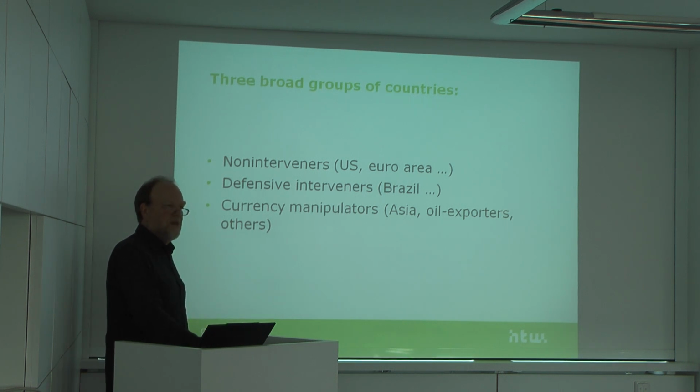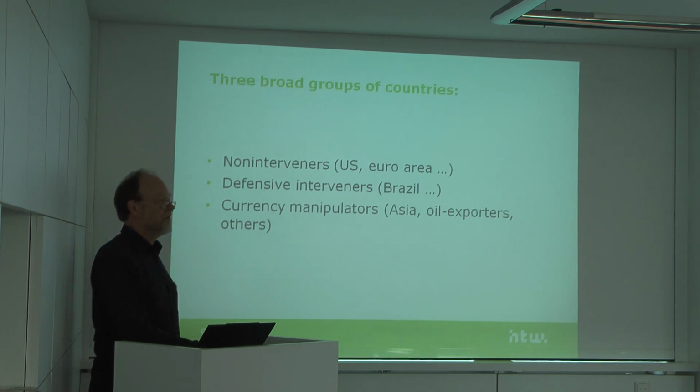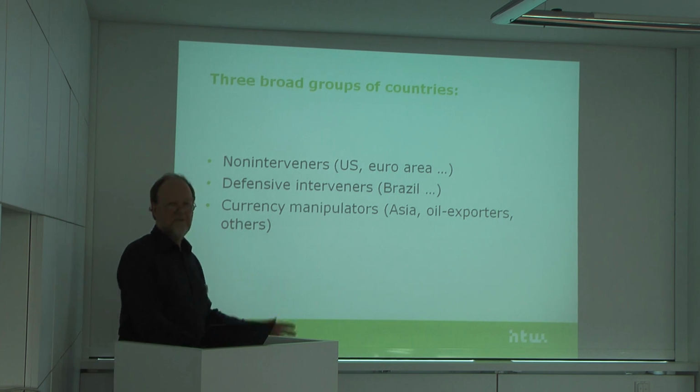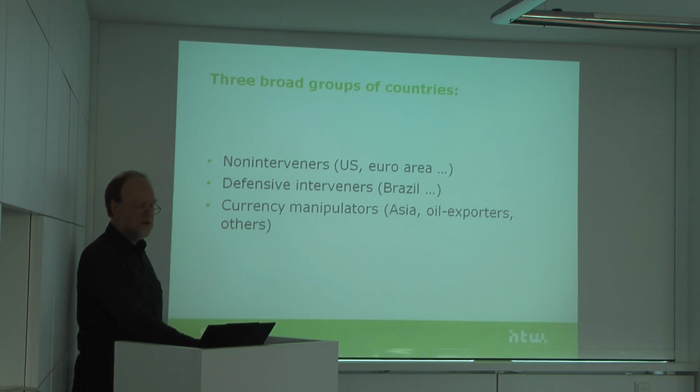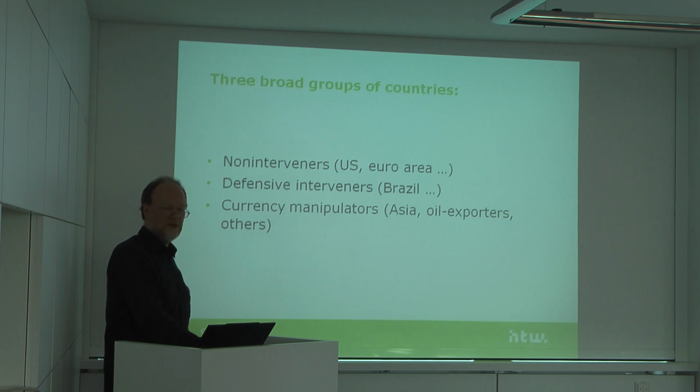Following a study by Bergsten, we indeed can distinguish three groups of countries. We have the non-interveners. There, first, for sure, we have the United States. Then we have the European Union as a whole, as a non-intervener. We have a second group, the defensive interveners.